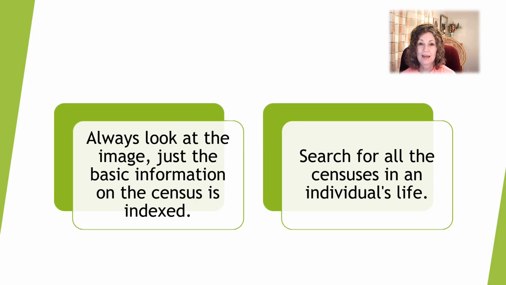As I said earlier, I'm just going to reiterate again, always look at the image. Just the basic information on the census is indexed, and granted pre-1850 there's not a lot of extra information besides the tick marks that show the gender and the age, but occasionally there is extra information.